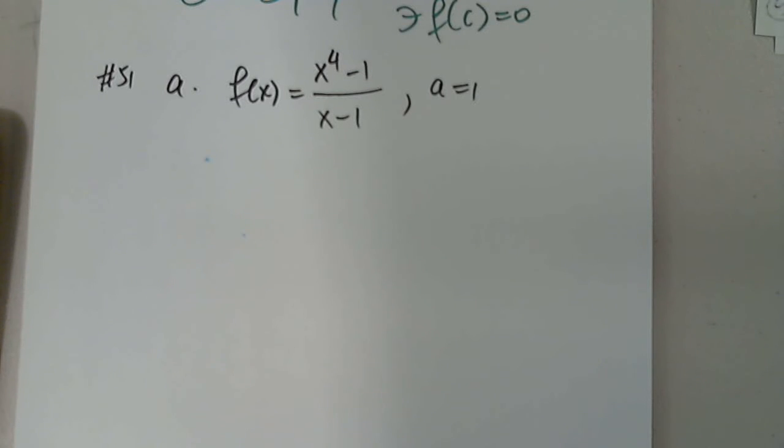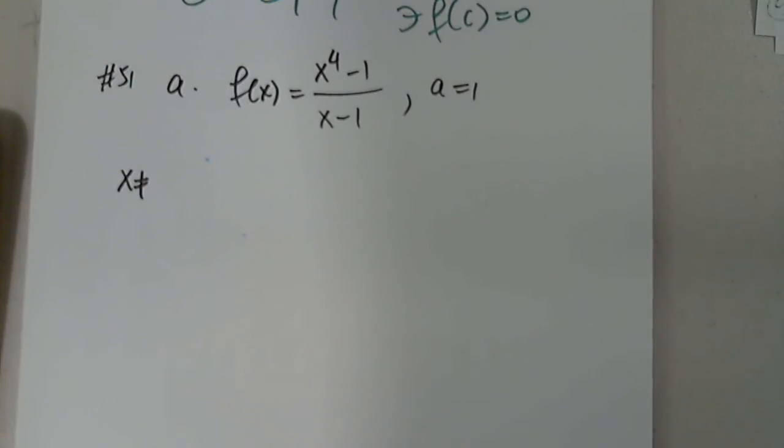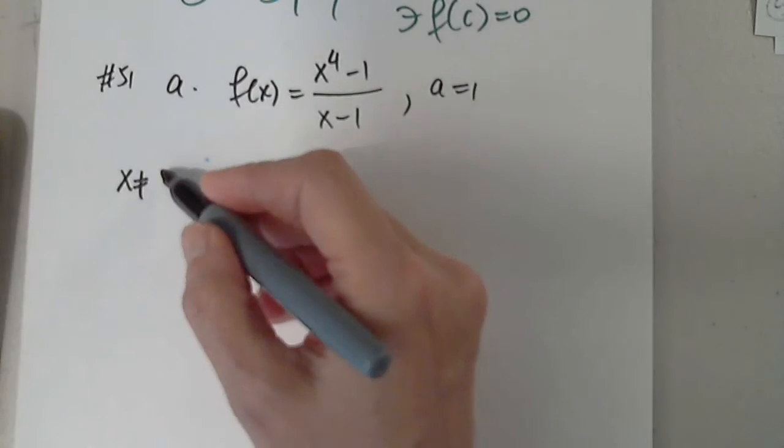We're going to get to that. So let's see what we get so far for this. Well, obviously, from the very beginning, I would say that x cannot be, for this function, definitely, 1. Excellent, thank you very much.